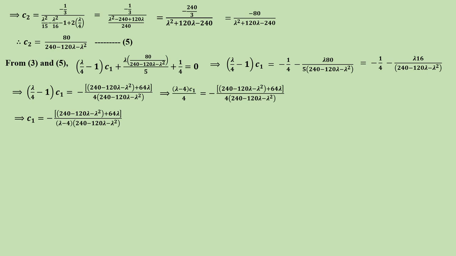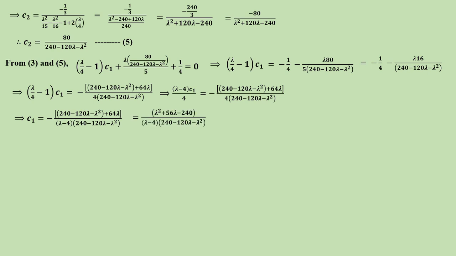So minus 240 minus 120 lambda minus lambda square plus 64 lambda, right? Then 4 by lambda minus 4. 4 and 4 get cancelled. So remaining you are having in the denominator lambda minus 4 into 240 minus 120 lambda minus lambda square.